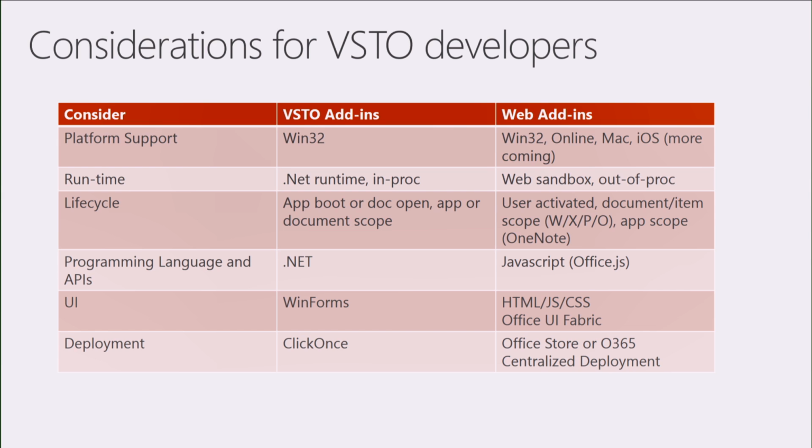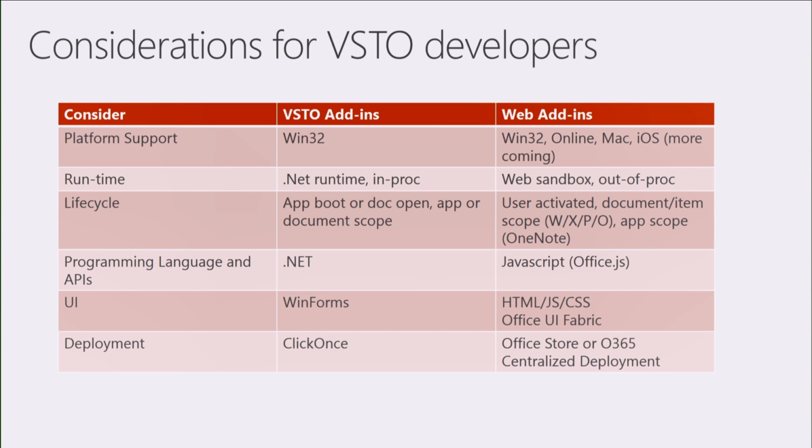Programming languages, VSTO obviously is .NET. In the case of web add-ins, for the client side it is JavaScript, but we saw how you can also do any type of server-side logic. You can integrate ASP.NET on the back end, Node.js, PHP, anything you like. In terms of UI, you will have to move from WinForms to HTML, JavaScript, and CSS. But you will also find very useful tools like the Office UI Fabric to let you create a really Office-looking UI.